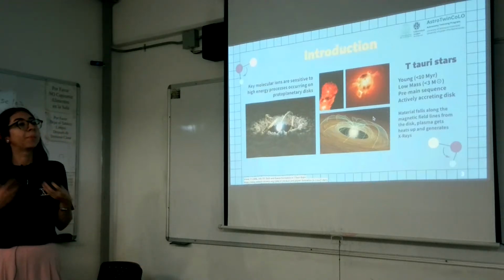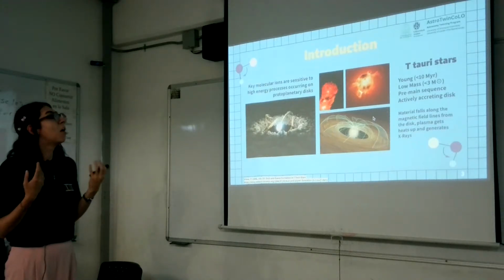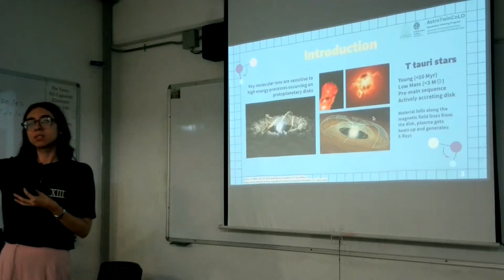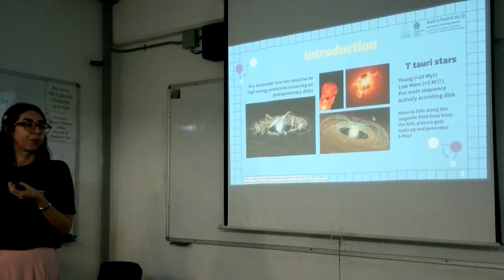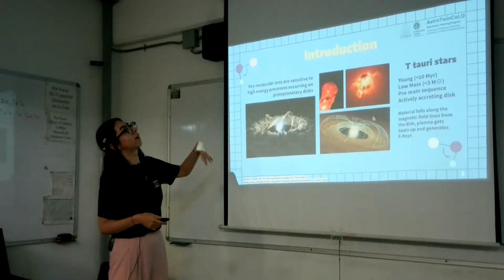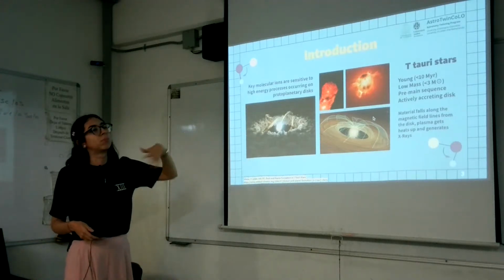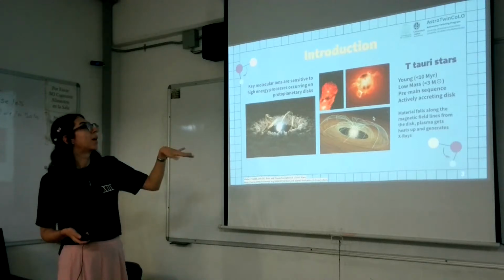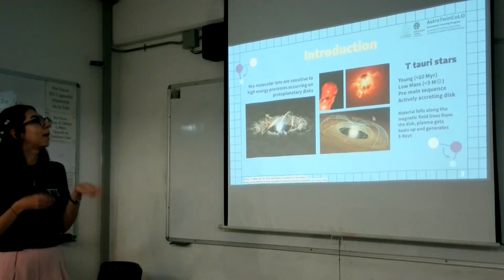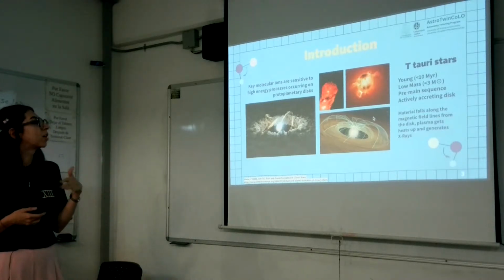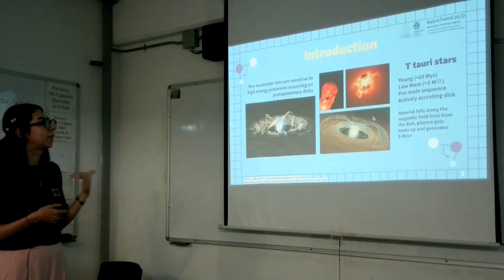Basically, these stars are very, very variable, and we can have very strong luminosities, and if we measure months before, we're going to have a different one. And the characteristics are that they are very young, they are very low mass, like less than 3 solar masses. They haven't even gotten to the main sequence, and they have an actively accreting disk.